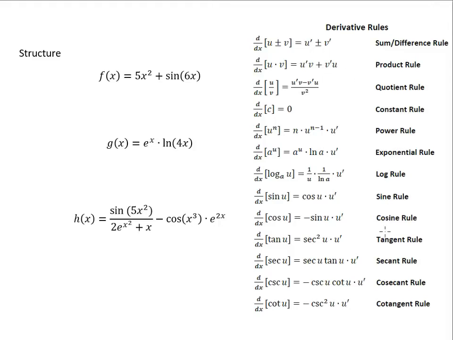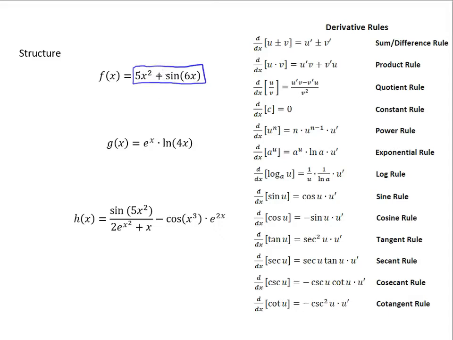And then these ones are equation or function-specific rules. Okay, so as I look at the structure of this equation right here, yeah, I've got an x squared in here. That's going to be a power rule type thing, and I've got a sine function. But overall, looking at the whole thing, what kind of structure does this have? It's an addition problem.